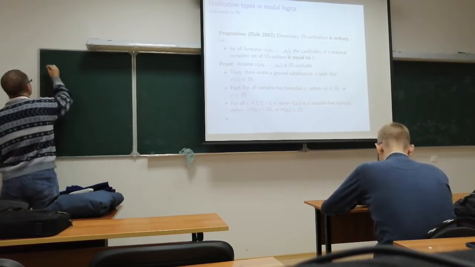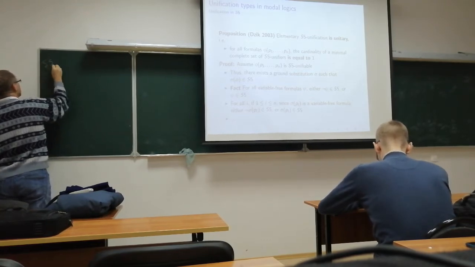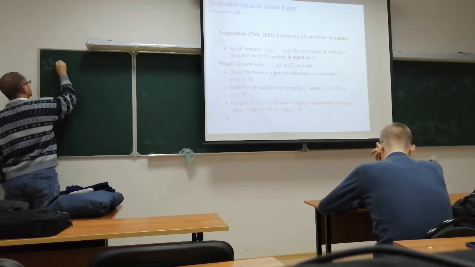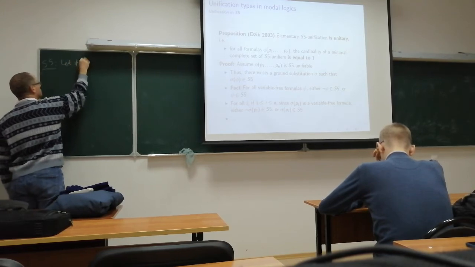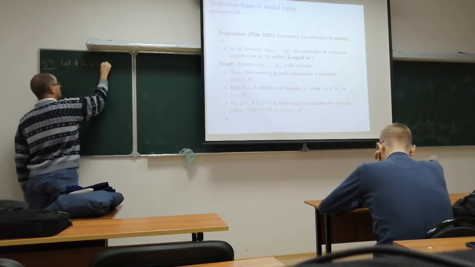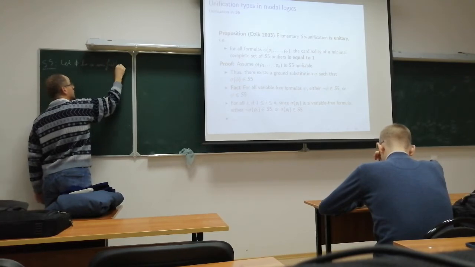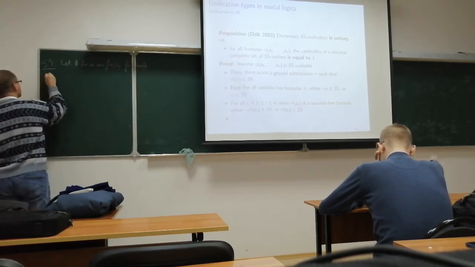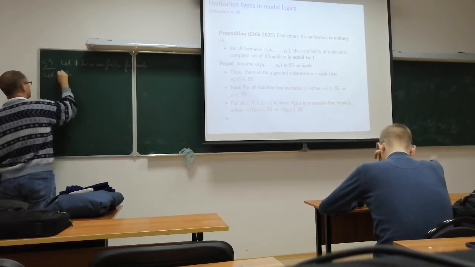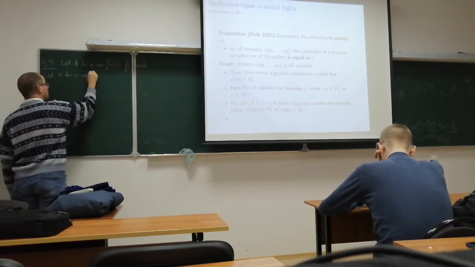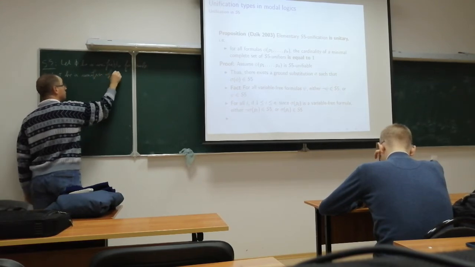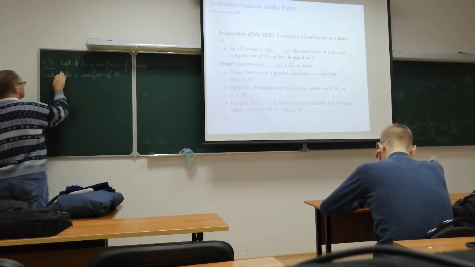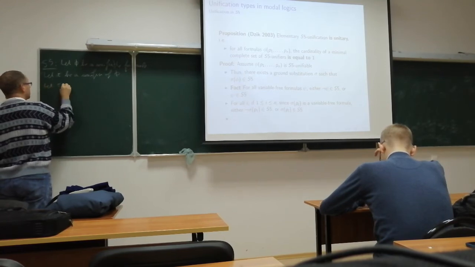I propose: let phi be a unifiable formula, and let tau be an arbitrary unifier of it. And let sigma be the following substitution.